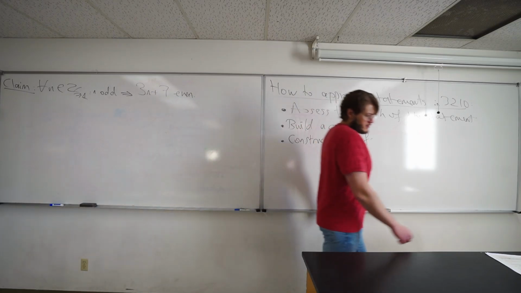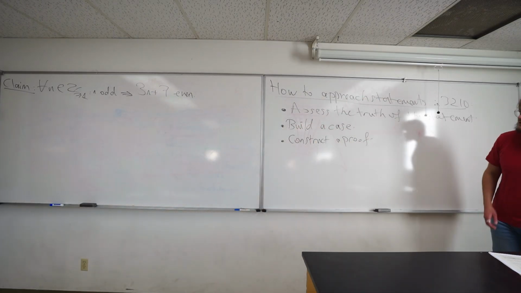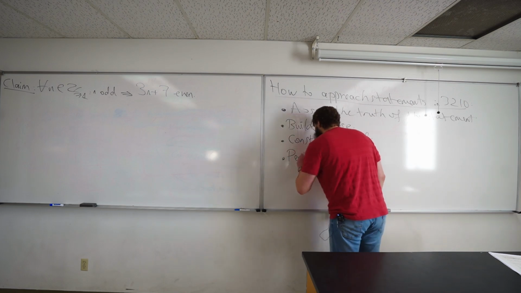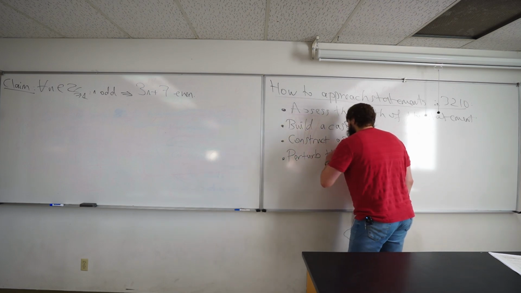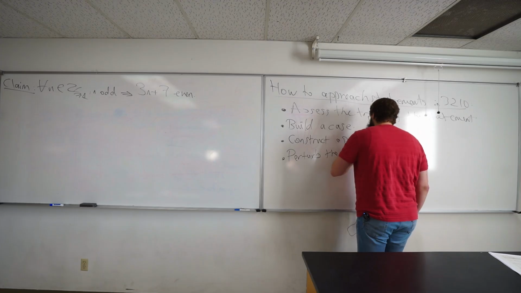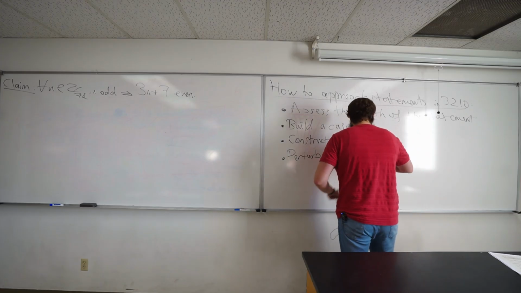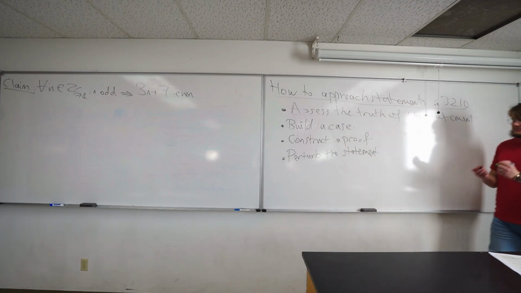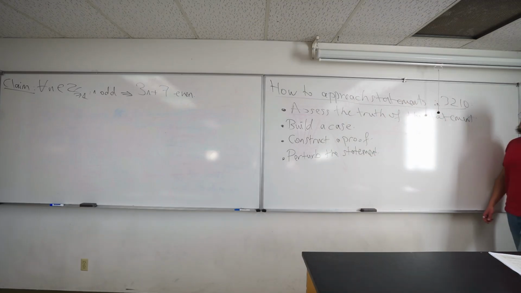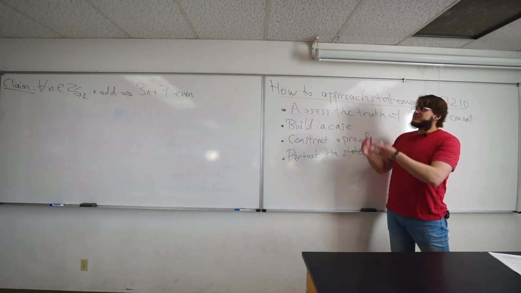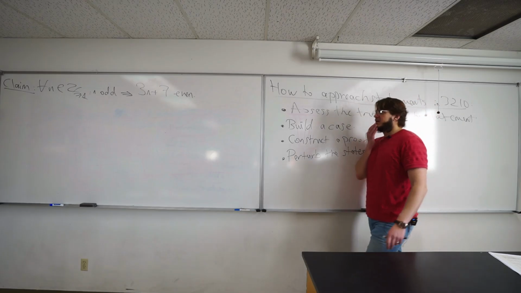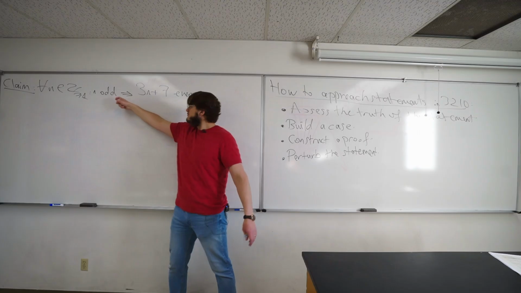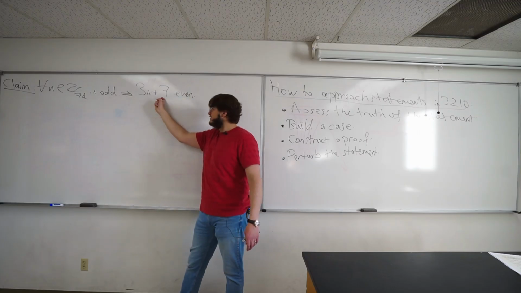Okay? And then going further, perturb the statement. And what do I mean by perturb? I mean vary it a little bit. See if anything else can be said. For instance, this statement says if n is odd, then 3n plus 7 is even.